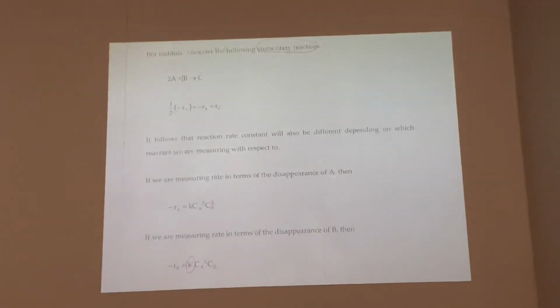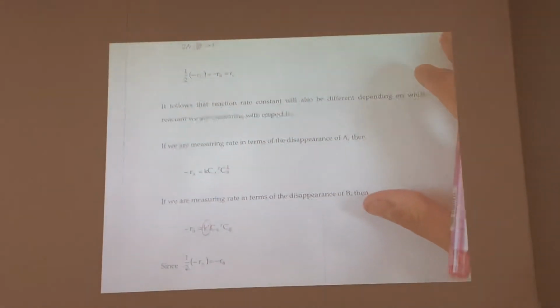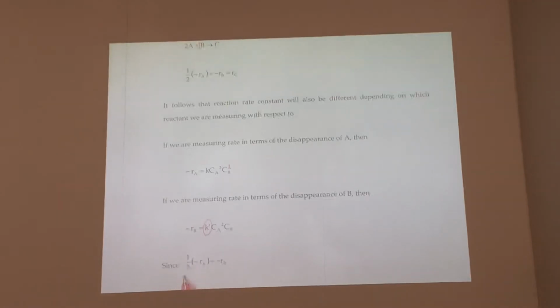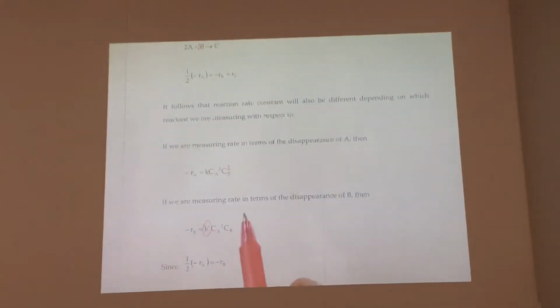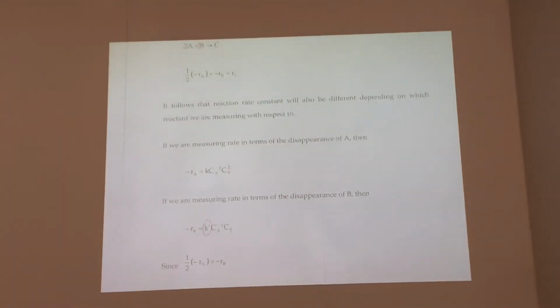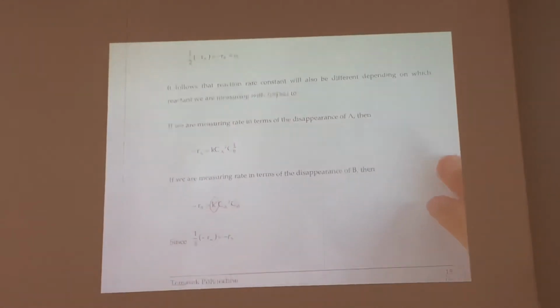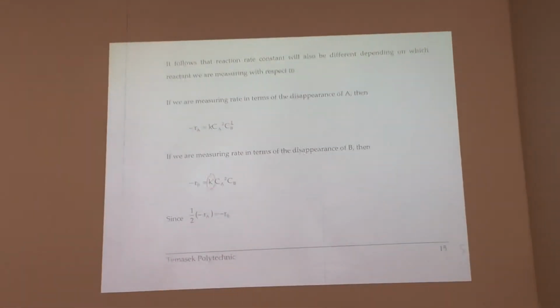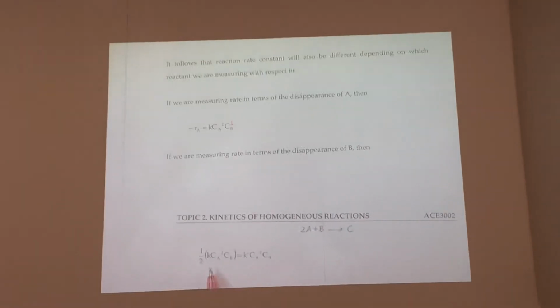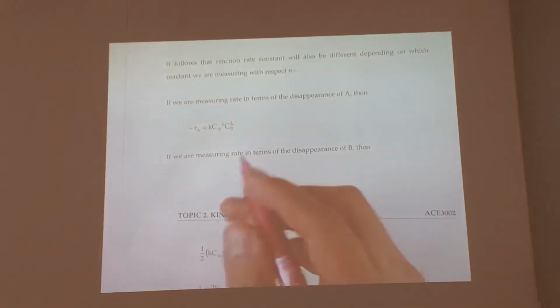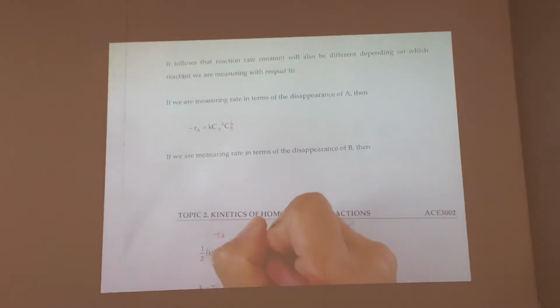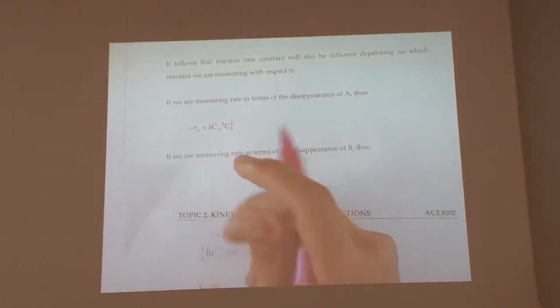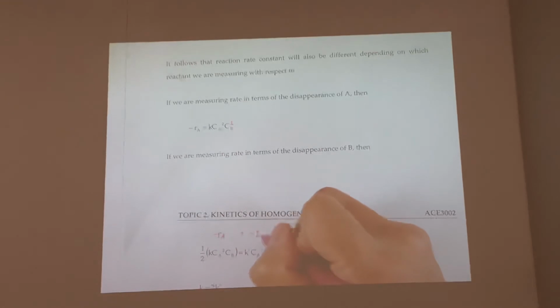We denote it as K prime. Since half of minus RA equals minus RB, we can equate these two together and we will get this: the rate of dissipation of RA and the rate of dissipation of RB.